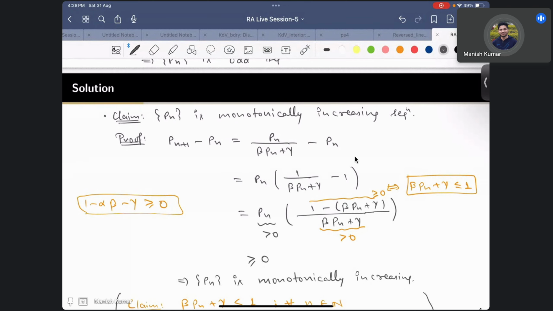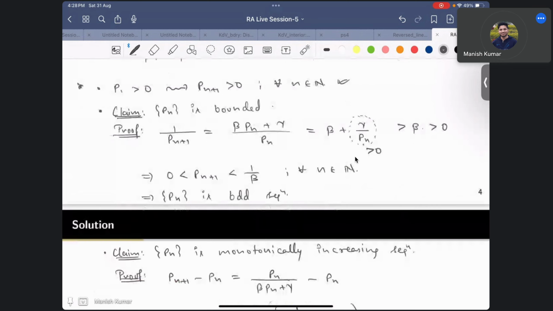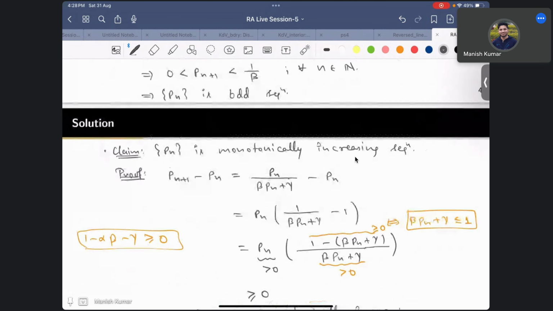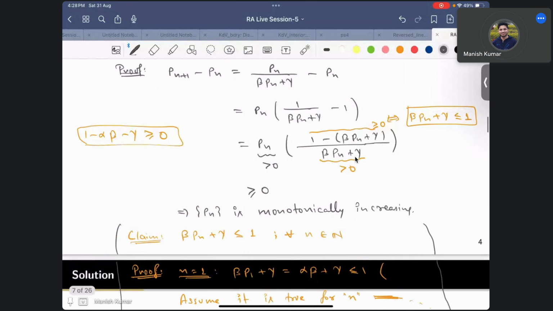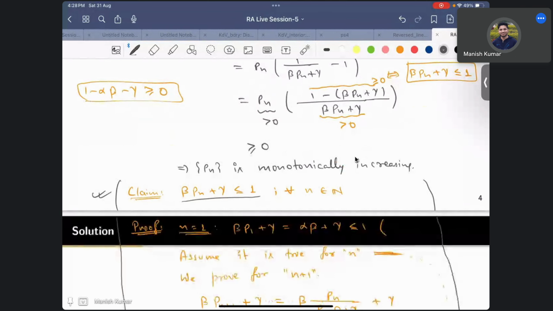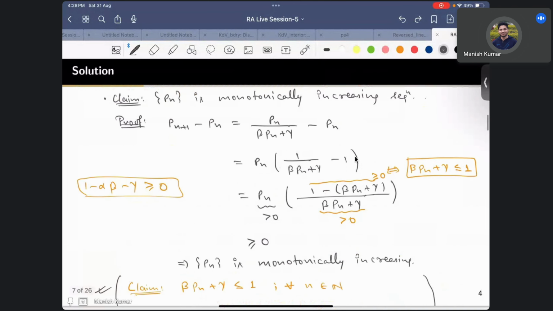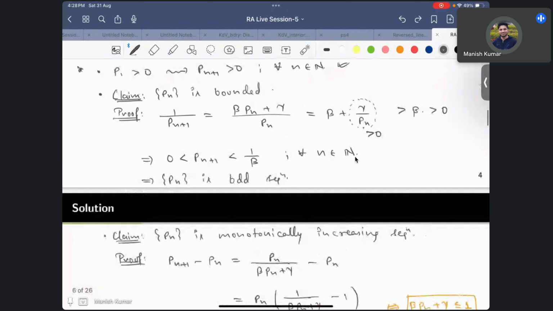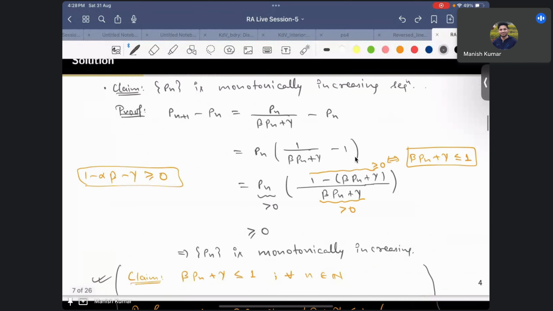So in this whole proof I have just shown that Pn is bounded and Pn is monotonically increasing. While proving these two things we needed something else, for example, this estimate that beta Pn plus gamma is less than or equal to 1, and we proved it. Overall, the main thing is that Pn is bounded and monotonically increasing, and hence the sequence Pn is convergent.